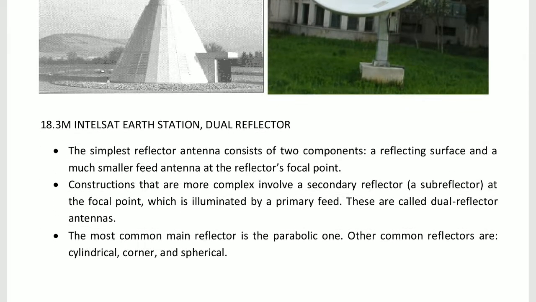So the basic structure of a reflector consists of two components, that is the reflecting surface and a much smaller feed antenna at the reflector's focal point. The constructions that are more complex involve a secondary reflector or sub-reflector at the focal point, which is illuminated by the primary feed. These are called dual reflector antennas.